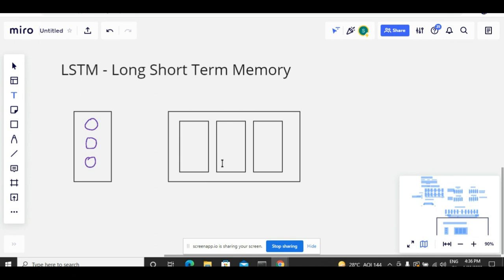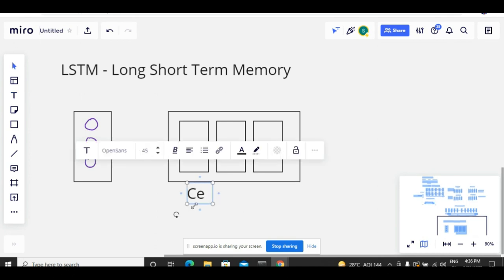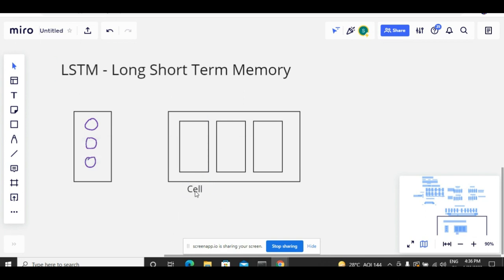By the way, a single unit of an LSTM is known as a cell, and it has three gates. Don't worry, these gates are neural networks.